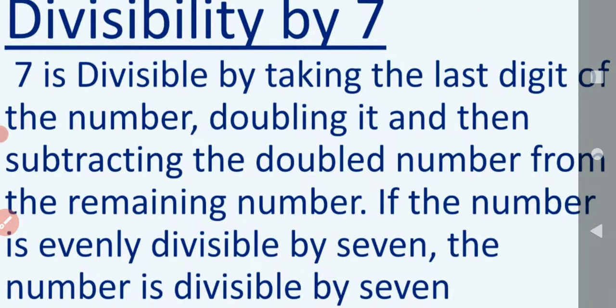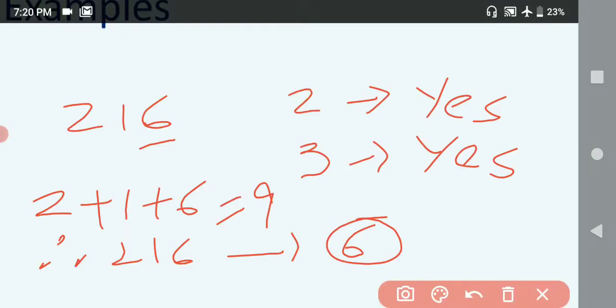So, just go through what I'm saying. Twice the last digit of the number, that is the digit at the one's place, is subtracted from the number formed by the remaining digits, and if the difference is 0 or 7 or a multiple of 7 or divisible by 7, then the given number is divisible by 7.